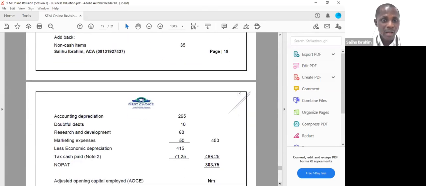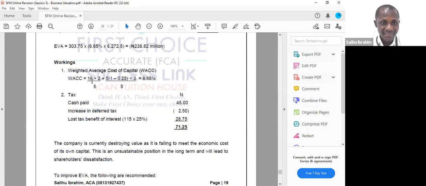We are given our cost of equity to be 16%. Gearing was given as 1.5:2, right? Meaning that debt is 1.5, equity is 2. So 16 times 2 over 5. The total will be 5 now. I mean, is it 5?